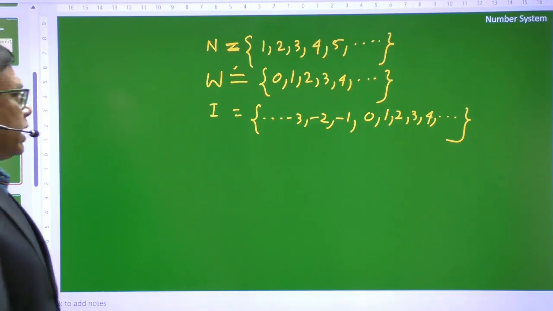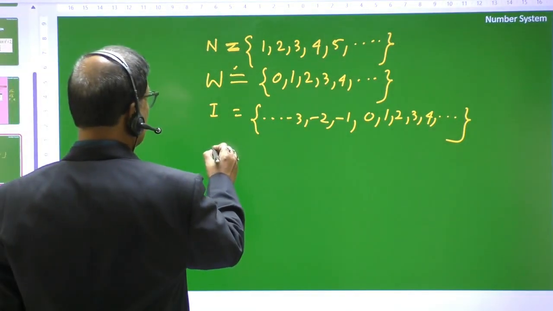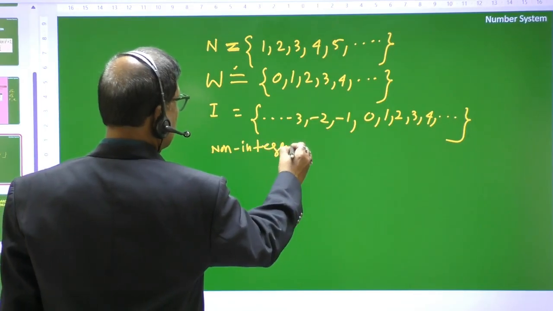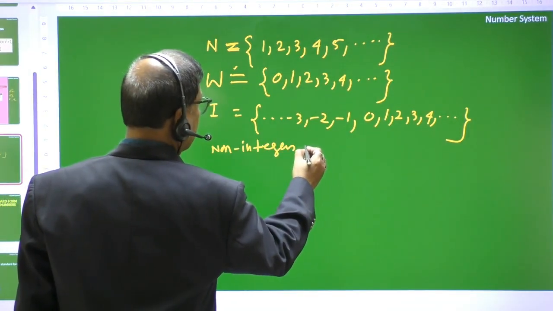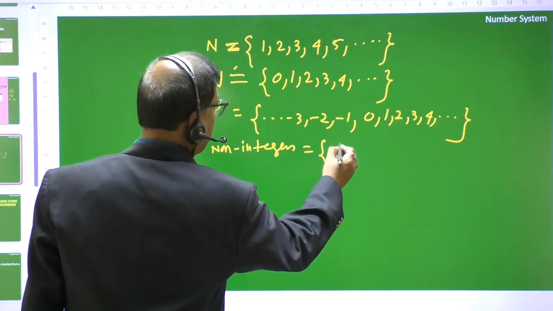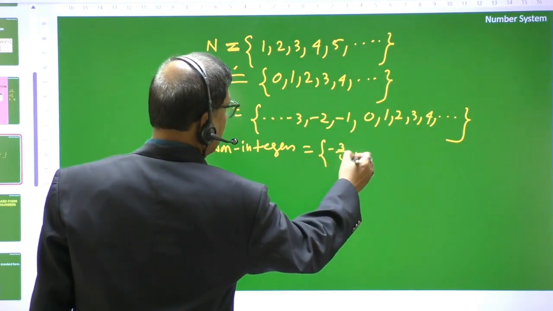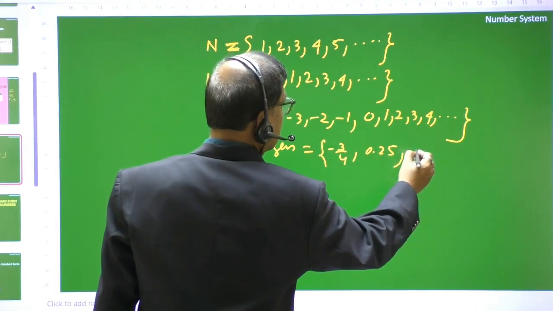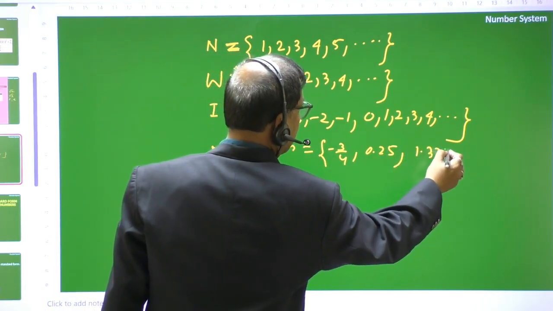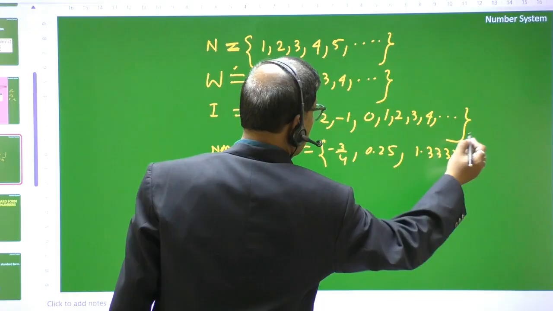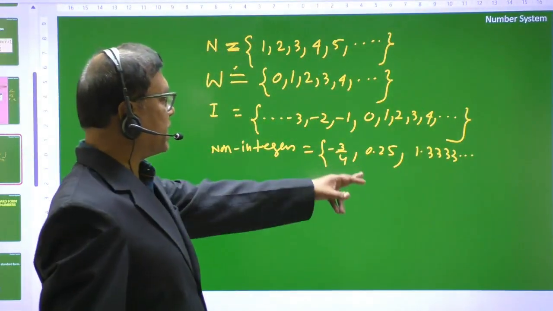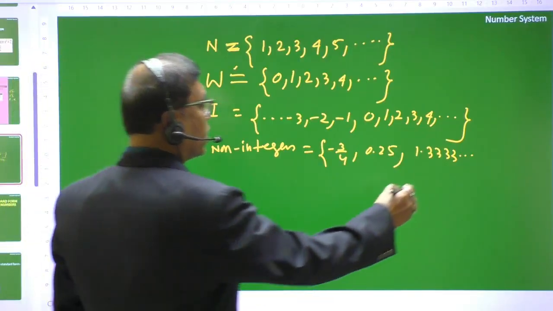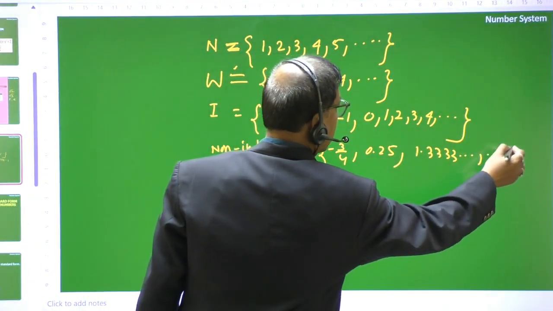Again, non-integers: in this group -3/4, 0.25, 1.333 like this, that is recurring decimals, terminating decimals, fractions, yes or no? So all are in the non-integers group.